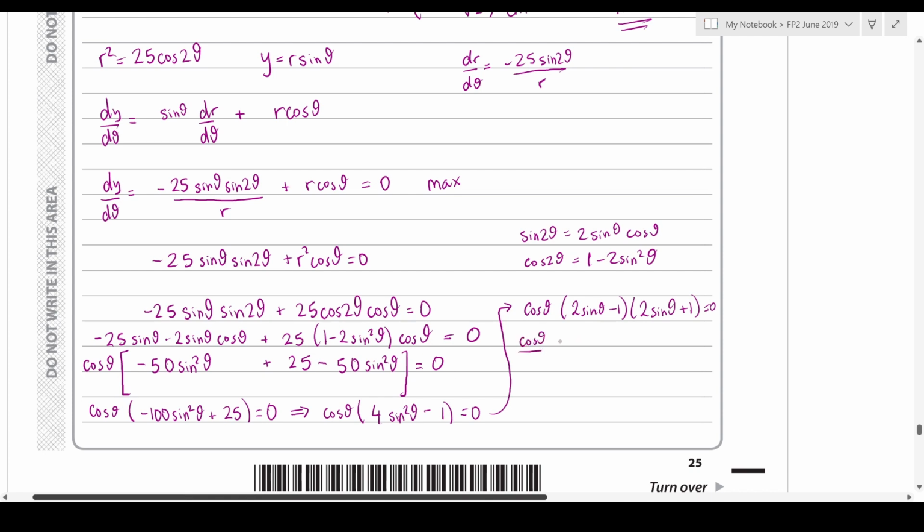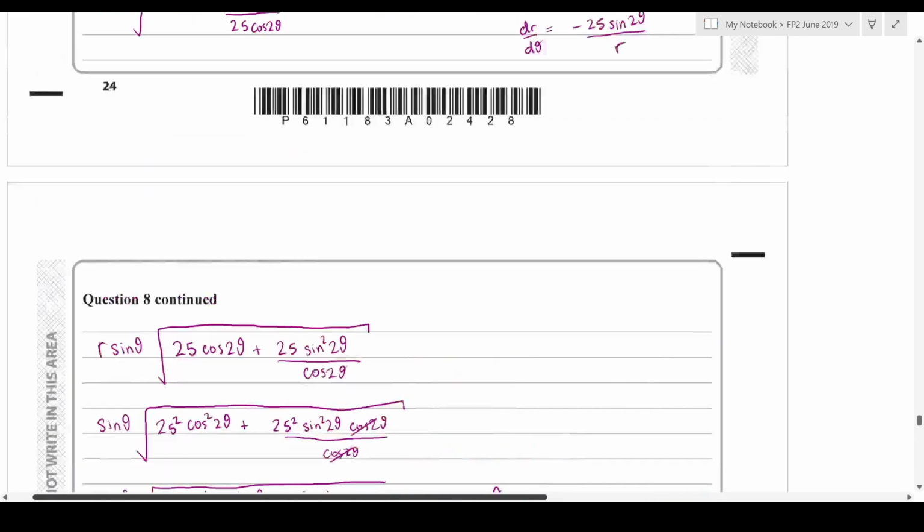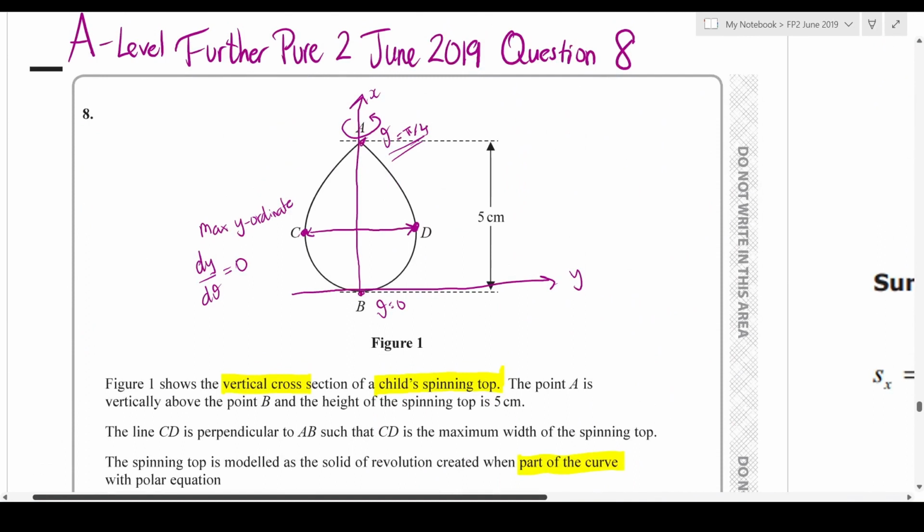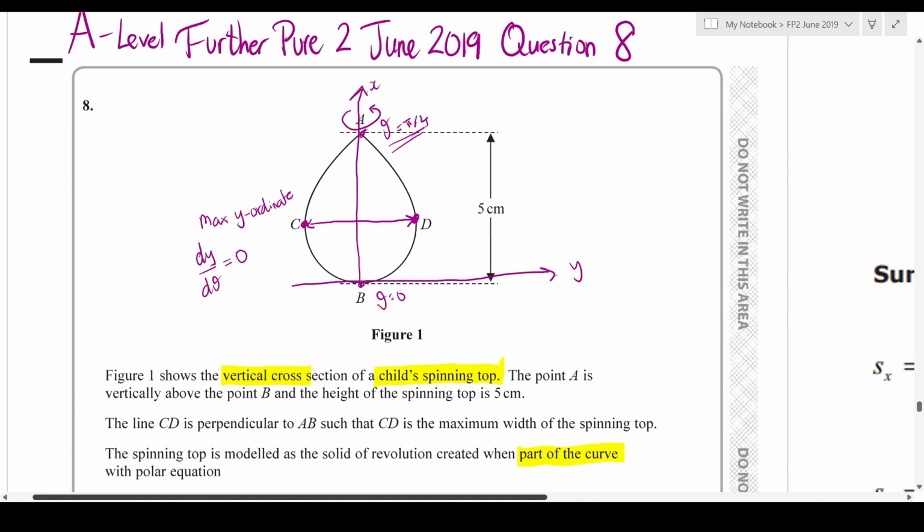So cos theta equals 0. Then we've got sine theta equals a half from that one, and sine theta equals minus a half from that one. Now it appears to me anyway, it looks like it's the first time the y value would be at a maximum, and then we get a maximum the next repeat.